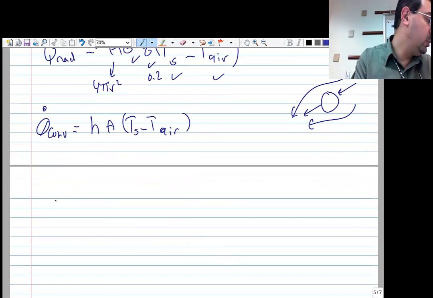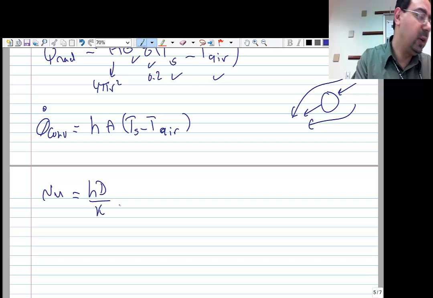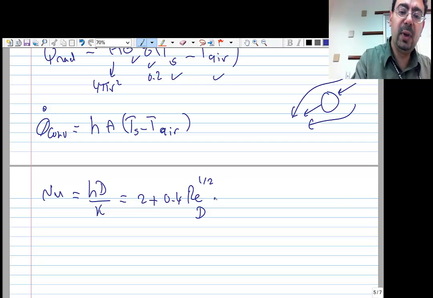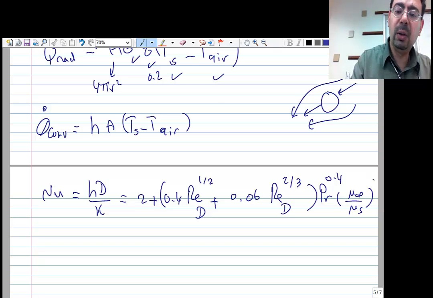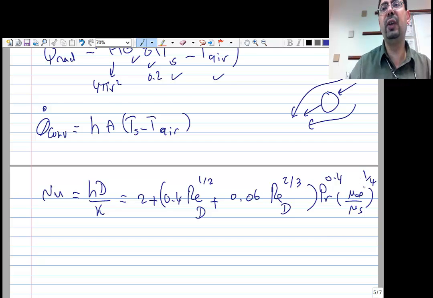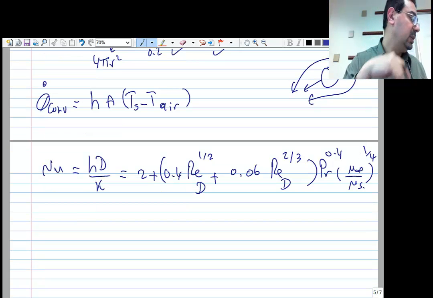The Nusselt number is H D over K, and for a sphere this is 2 plus 0.4 Reynolds based on diameter to the power 1/2 plus 0.06 Reynolds D to the power 2/3, times Prandtl to the 0.4, times mu infinity over mu s to the power 1/4, or any other equation for forced convection over a sphere.